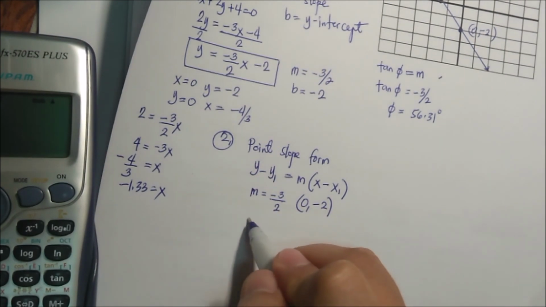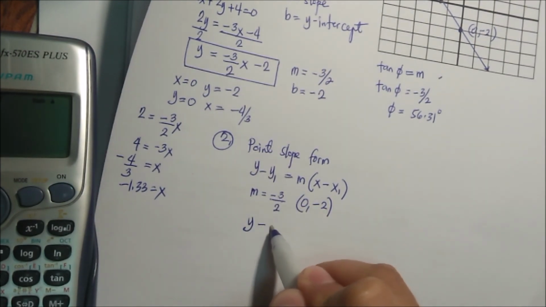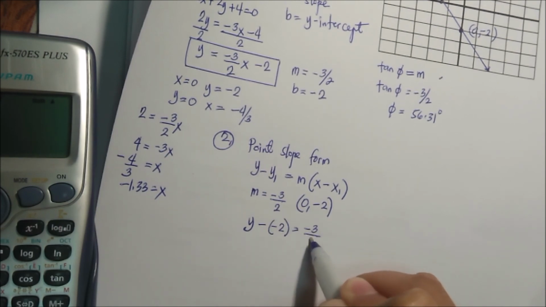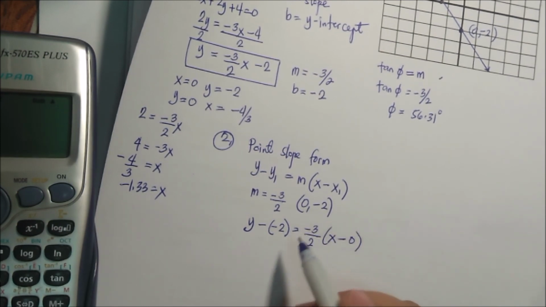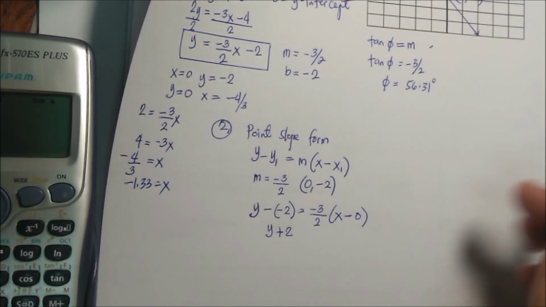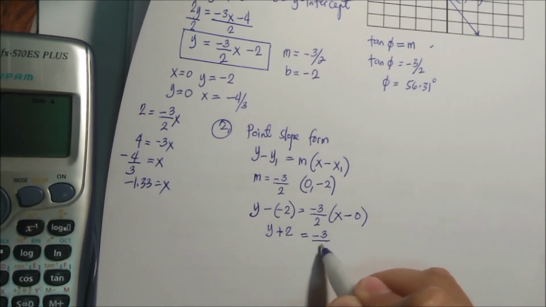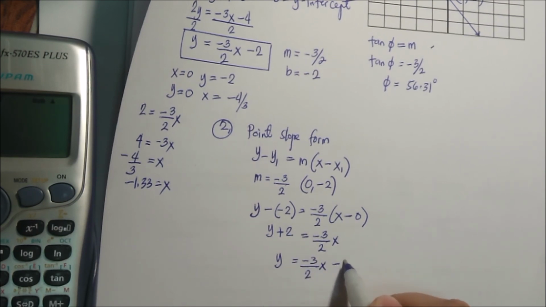Okay, let's try. So y minus y1, y1 is negative 2. That is equal to the slope negative 3 halves times x minus 0. So y minus negative 2, that is y plus 2, is equal to negative 3 halves of x.